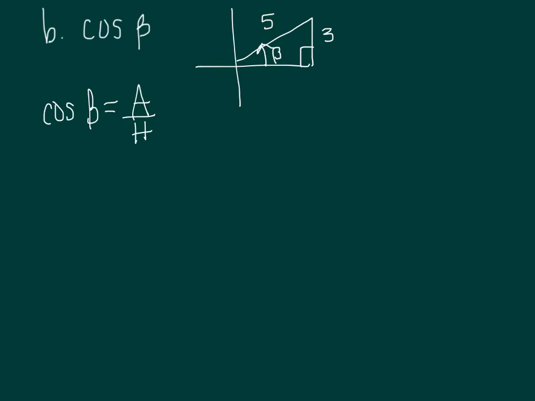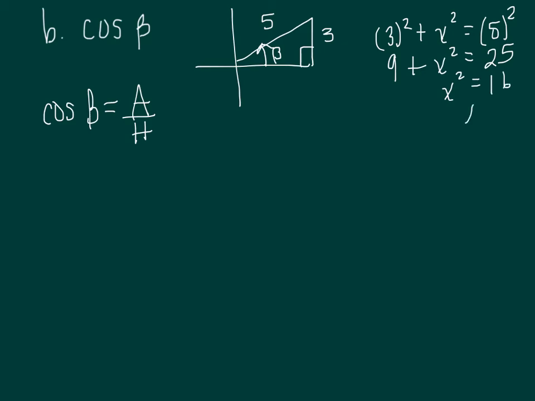So we have to do the same thing as before. Use Pythagorean theorem. I'm going to call it x again. And solving for x, subtract 9 from both sides. So x equals 4. Now we're in quadrant 1, so everything is positive. So adjacent is 4 over hypotenuse is 5.